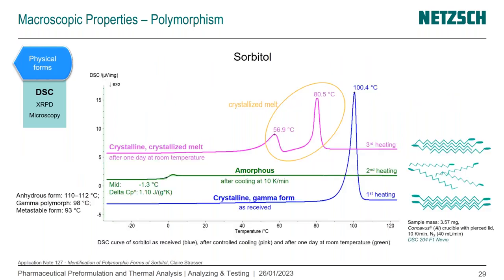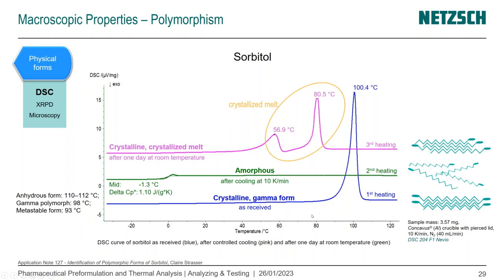And the example that I'm going to show here is of sorbitol. We see here from the literature that we can find sorbitol in 3 different crystalline forms: the anhydrous, the gamma polymorph, and a metastable form.